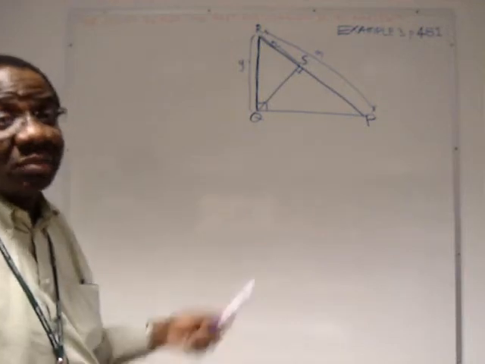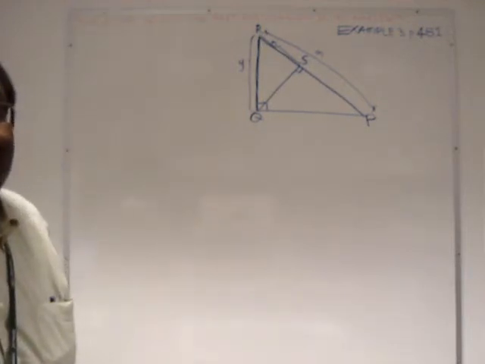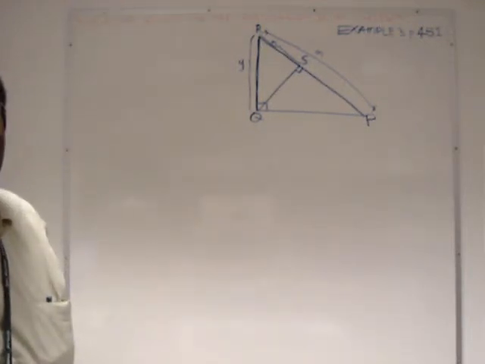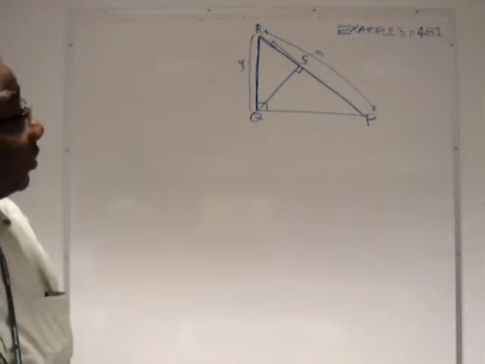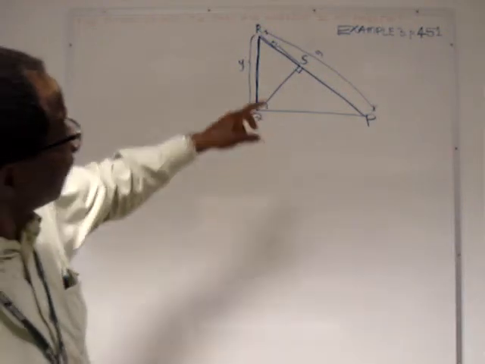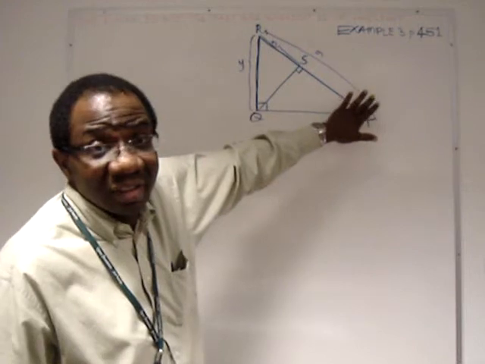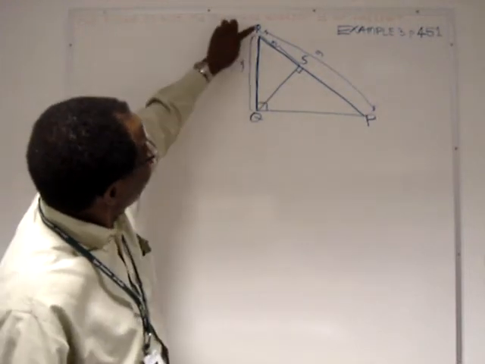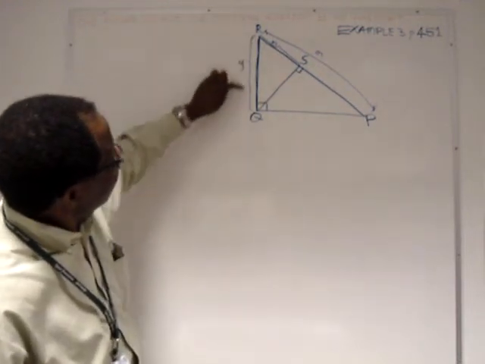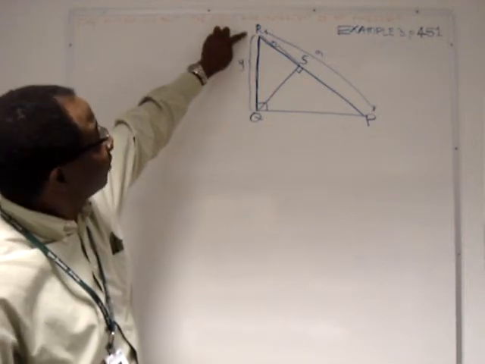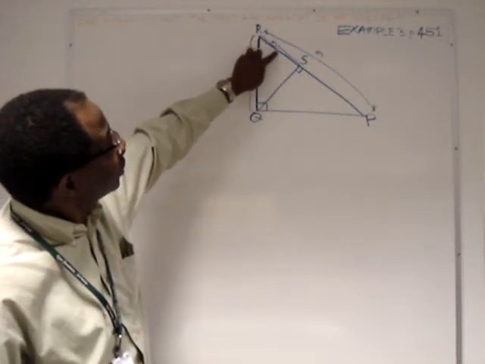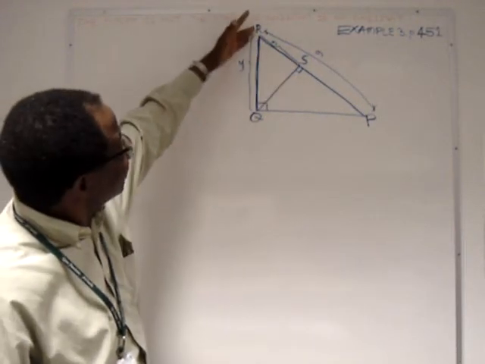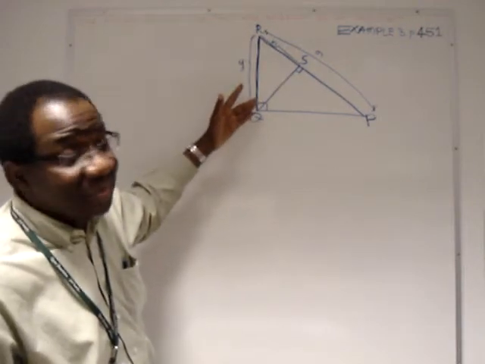To me, this seems to be the second one of those theorems on geometric mean. If you remember, it involves the hypotenuse, it involves a leg, and it involves a portion of the hypotenuse that's adjacent to that leg. Remember?